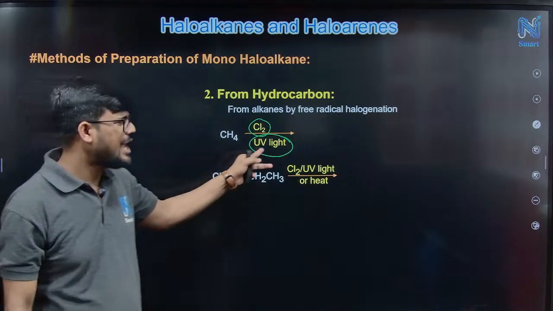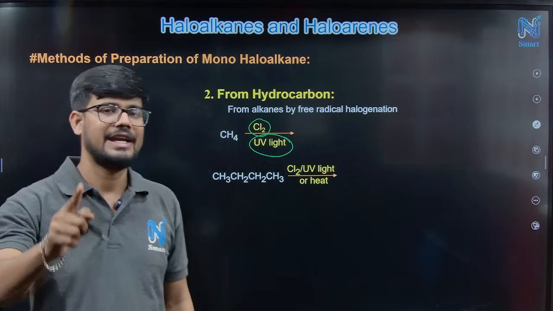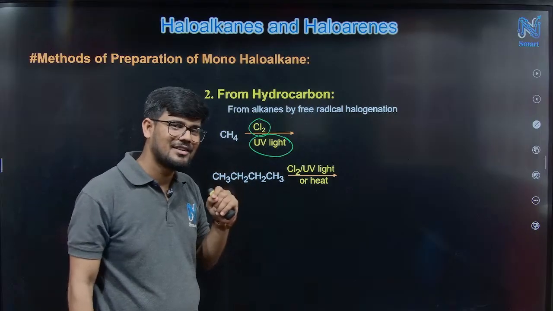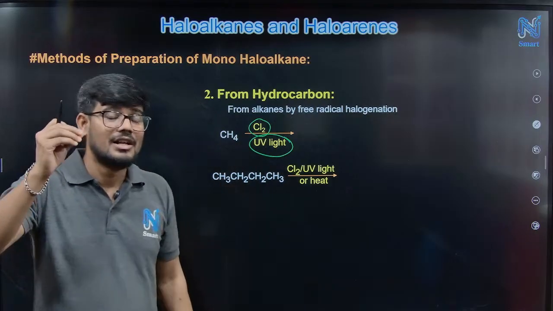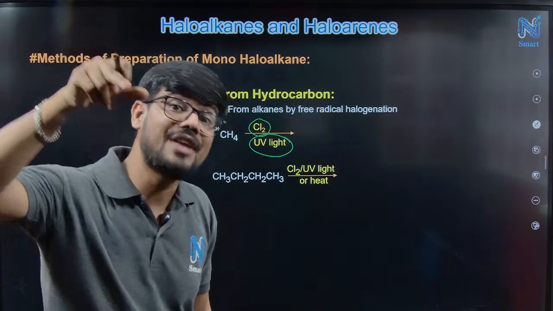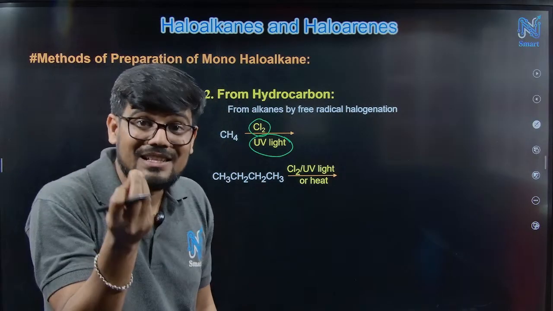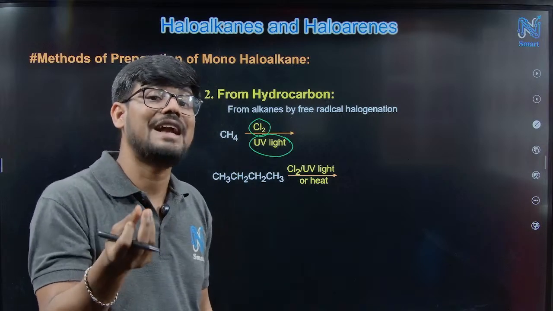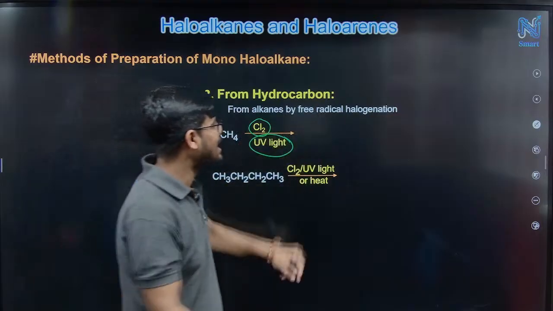Now, whenever this UV light is given, always remember, in chemistry, you have to assume that some radical reaction is happening. Radical steps, a radical compound is forming there, or you can consider it a radical process. Okay, radical halogenation.